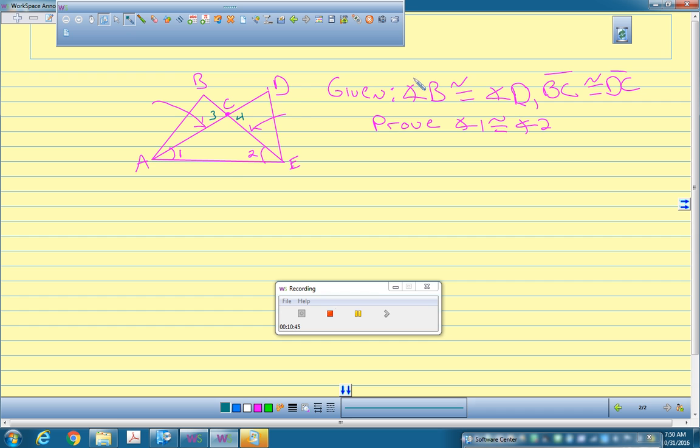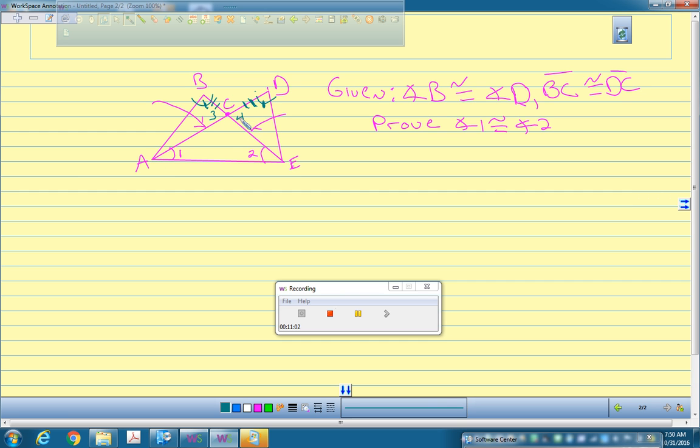Okay. So you're given, go ahead and mark up, like angle B and D are congruent, right? Angle B and D are congruent. You're also given that DC and BC are congruent. So these little pieces are congruent. And what Ian just said is I can prove angle 3 is congruent to angle 4 because those are vertical angles, right?